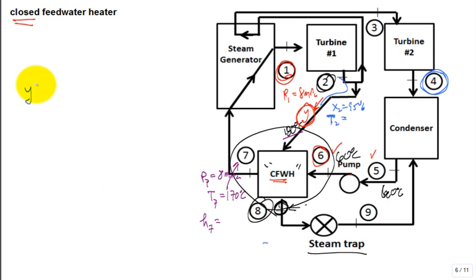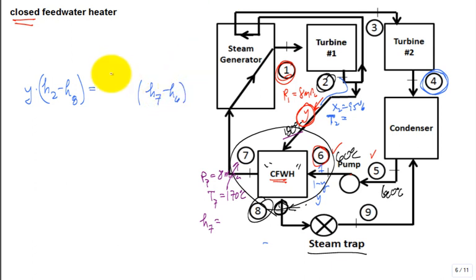I'm going to have Y times H2 minus H8. That's what's coming out of the hot stream, isn't it? Equal to, but I didn't do my mass fractions, but what is it? Is it going to be 1 minus Y here? Is it going to be Y here? Or 1 for what's coming through this pump and in the cold side of the closed feed water heater? Okay, so we'll have this. I know it's going to be multiplying H7 minus H6, right?